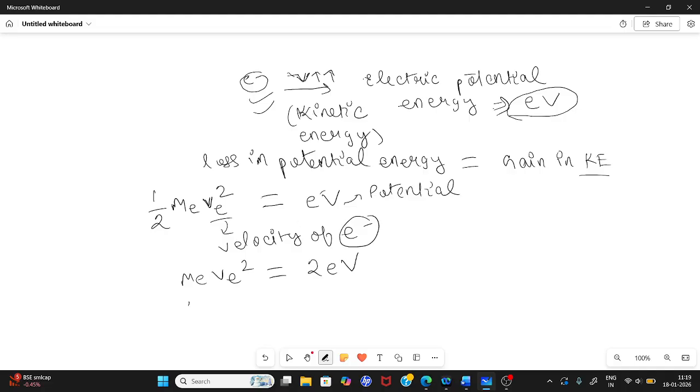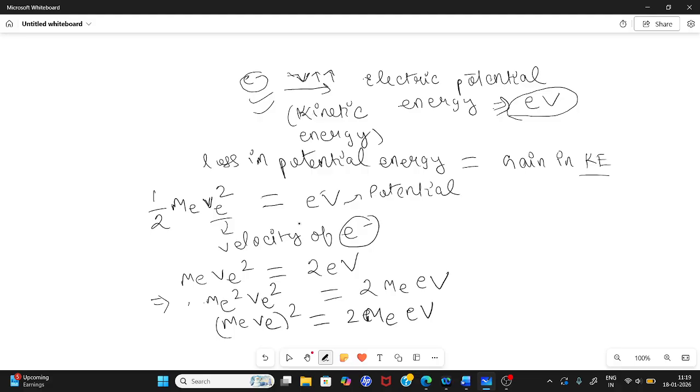I'm trying to bring it into a particular form, so you'll realize it later. Multiplying mass on both sides, we get m_e squared v_e squared is equal to 2 m_e times eV. Hence (m_e v_e) whole squared is equal to 2 m_e eV, which gives m_e v_e equal to the square root of twice the mass of the electron multiplied by the electronic charge multiplied by the voltage.